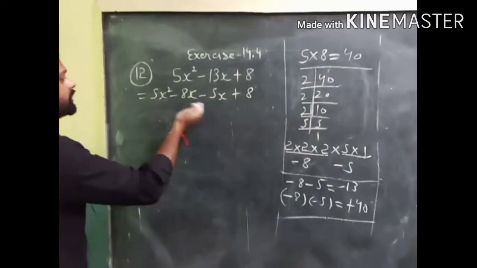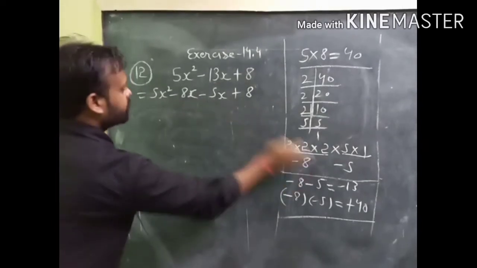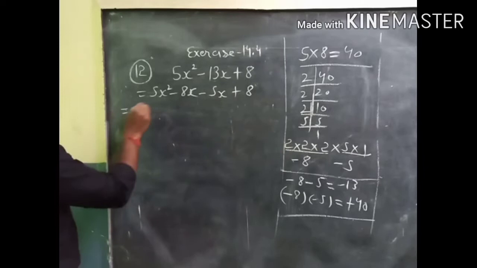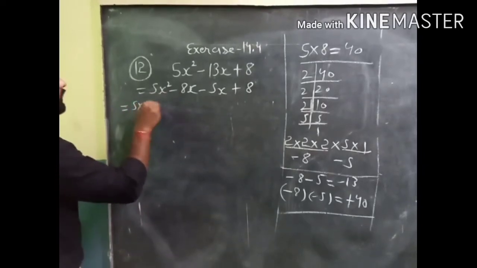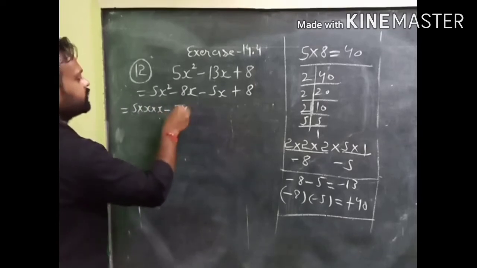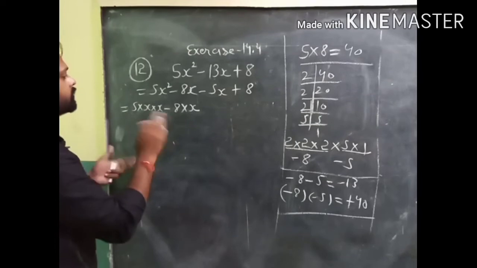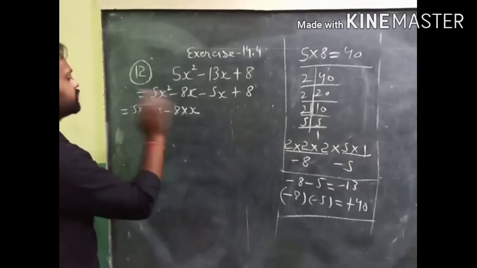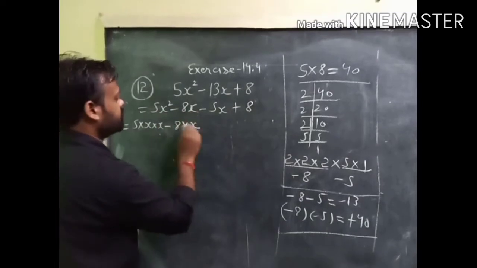So now you can see here I have already written this 5x square and this minus 8x minus 5x and plus 8. Now we have to do the factorization. Here you can see 5 into x and this 8 into x, and in this case because of 8 and 5 no common factor is existing in these cases, so write down 5 and 8 directly as it is, and x into x, and this 8 into x.